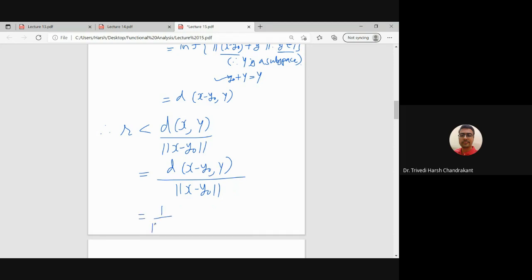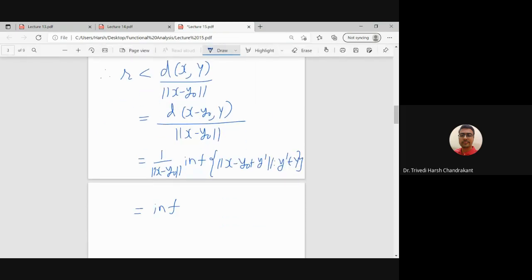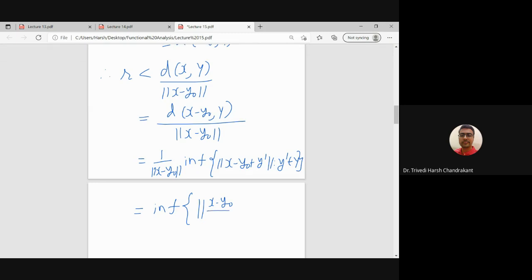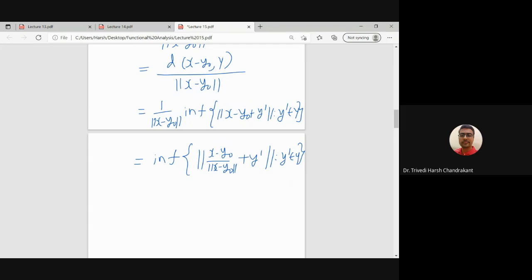So that is 1 upon the norm of x minus y naught times the infimum of the norm of x minus y naught plus y dash. So this number we can take inside the infimum, so we get the norm of x minus y naught divided by the norm of x minus y naught plus y dash, right? Any positive scalar we can take inside the infimum.